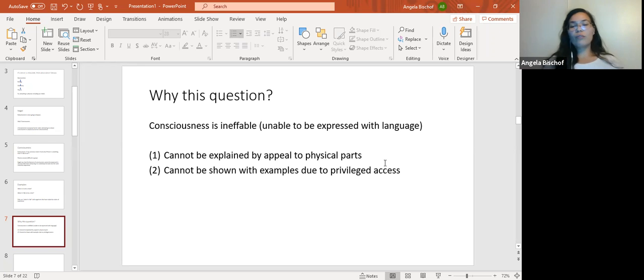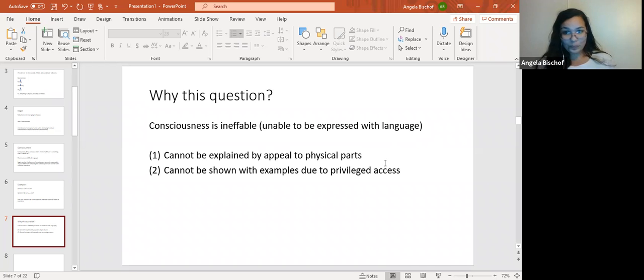So again, think about Jackson and the Mary example. What is Mary missing? She's missing the experience of what it is like when you look at a stop sign. She doesn't know what it is like to look at a stop sign, or what it is like to see red. That's what she's missing, that conscious experience. Can we get any closer to the kind of experience Mary has than saying it is like what it is like when you are in front of the stop sign?